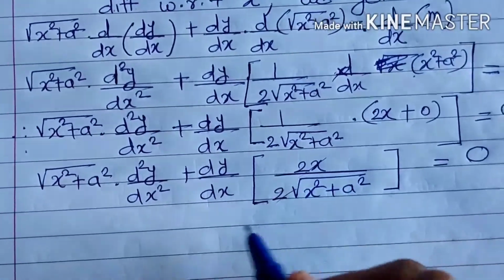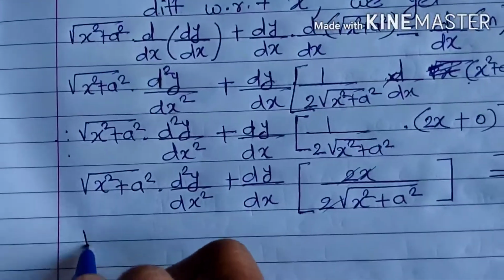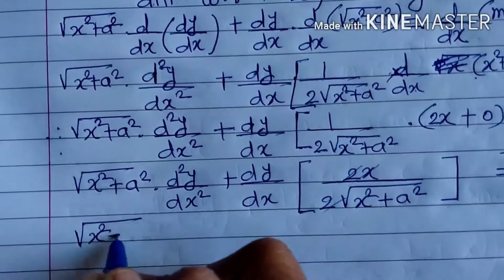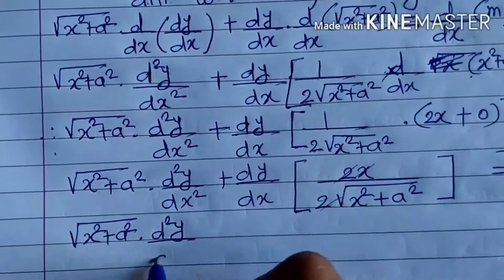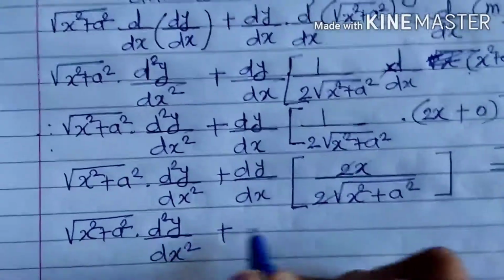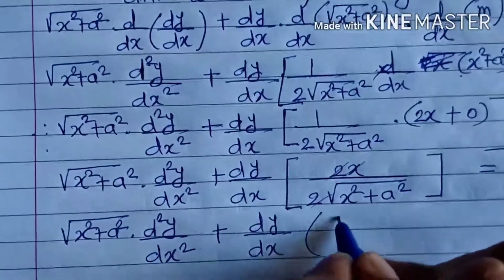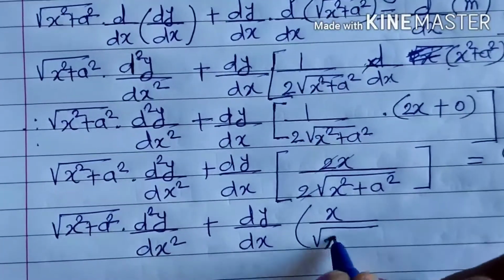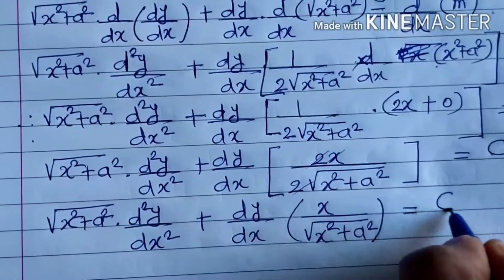So 2 gets cancelled, x is as it is, d2y upon dx square plus dy upon dx into this x under root of x square plus a square, which is equal to 0.